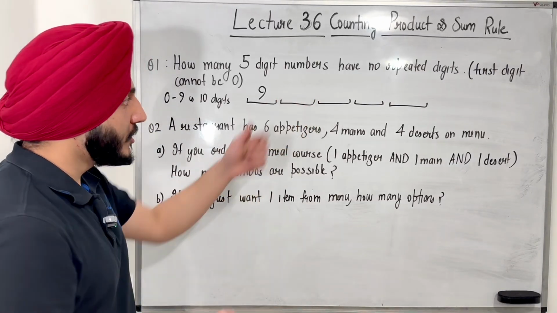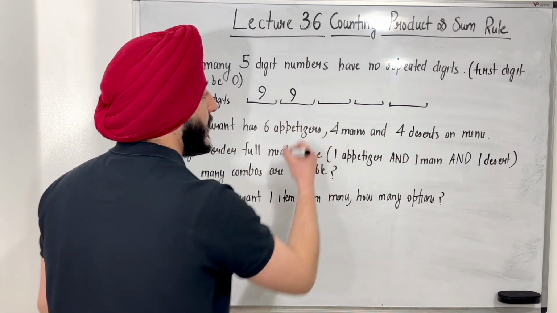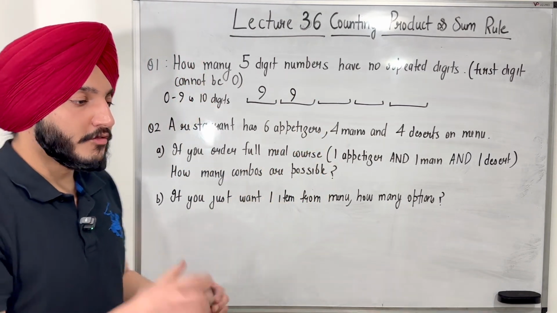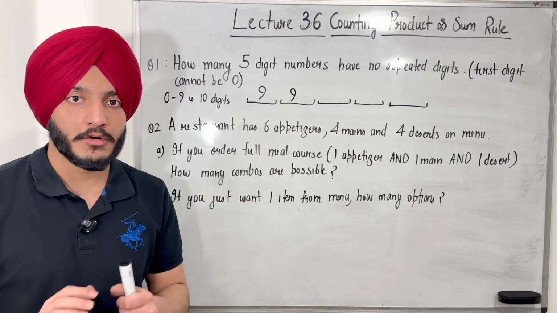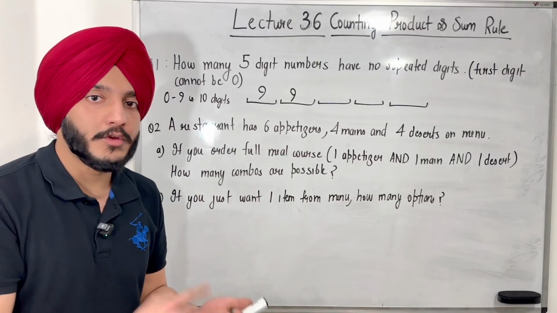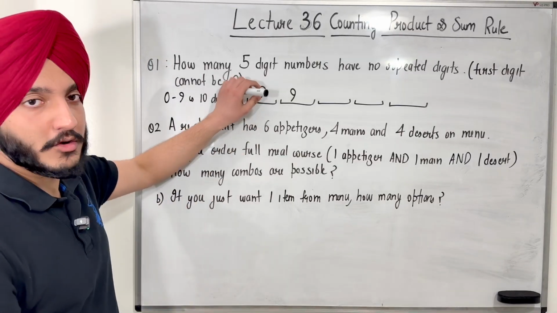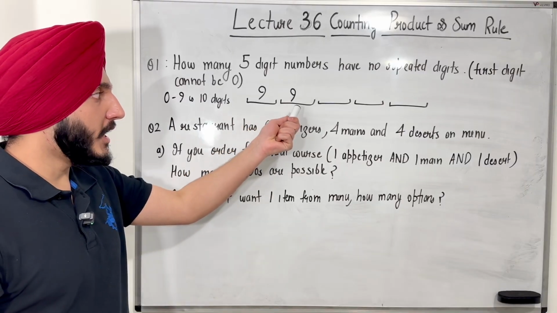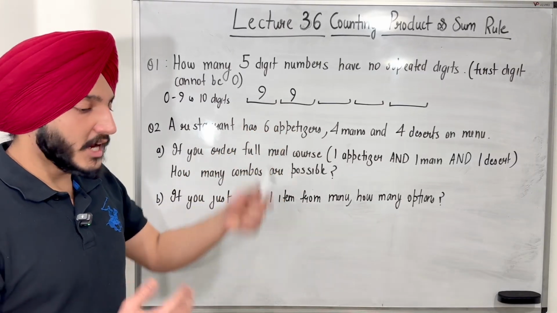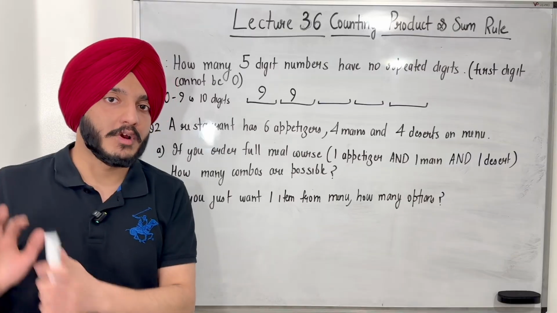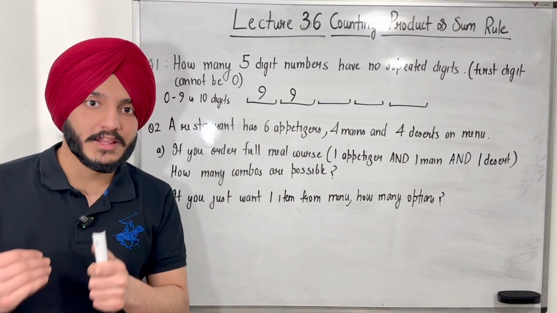For the second position, you would have 9 again. For the first position, we cannot use 0, so I can use 1 to 9, 9 options in total. But I can use 0 in the second position, though I would have already lost one of the digits. So let's say I used 1 in the first digit.